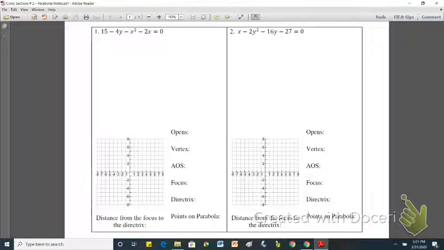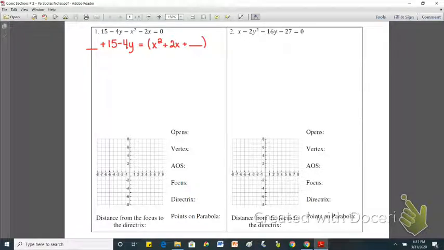Since I have a negative x squared, I'm going to move the x's to the right hand side because I always want a positive x squared in order to complete the square. So I'm going to leave 15 minus 4y here, and that's going to equal x squared plus 2x, and I'm going to go ahead and put my blank because there is no coefficient of x squared. If I add a blank to the right hand side, I also have to add it to the left.